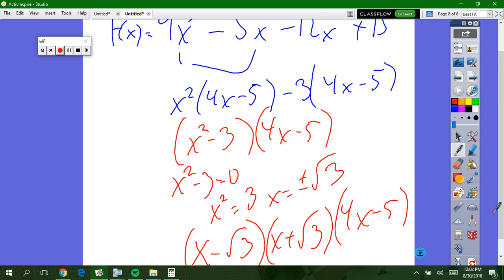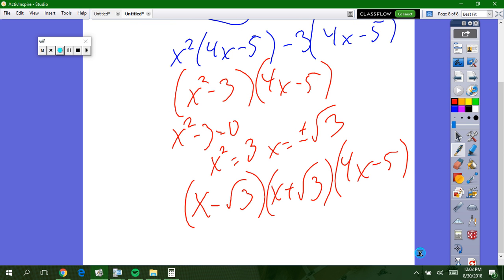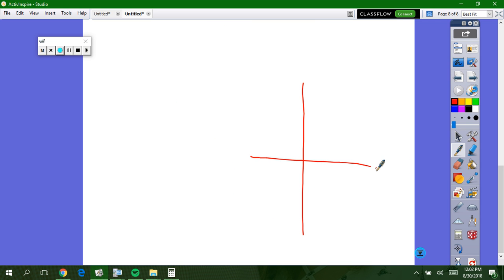How many zeros should I have with an x cubed? Did I have that many? The zeros are square root of 3, negative square root of 3, and 5/4, right? So I have those 3. I'm going to quickly graph it. I believe it's 1.7-ish.